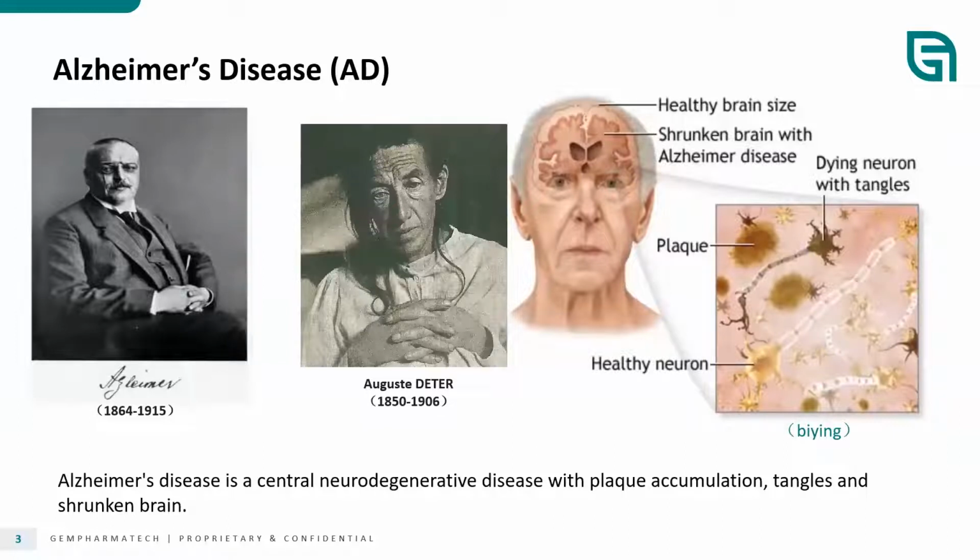Dr. Alzheimer used cell staining techniques to identify the amyloid plaques and neurofibrillary tangles within the cortical gray matter of the brain, which is the hallmark of the disease. In 1906, with his continued pathological research, he linked these pathologic findings with the clinical symptoms of presenile dementia. Alzheimer's disease is a central neurodegenerative disease with plaque accumulation, tangles, and a shrunken brain.